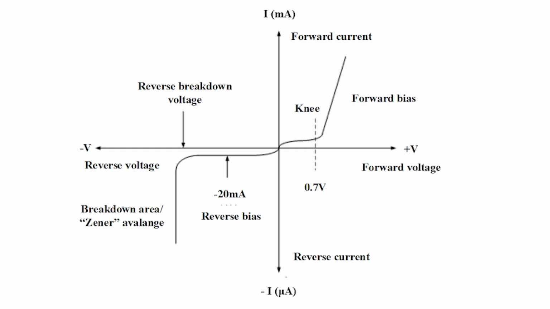We see that the current increases exponentially. In the reverse bias area, we see that it takes a very big voltage in order to break the breakdown area, and until this voltage, the current is close to zero.